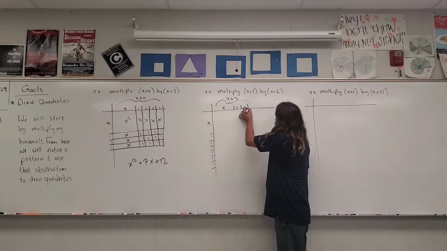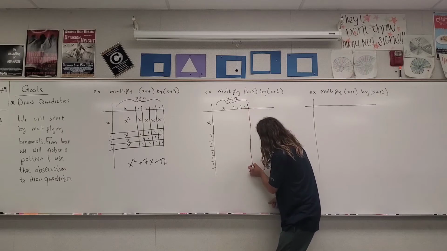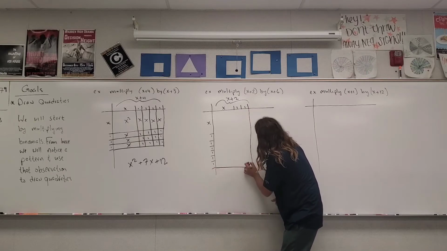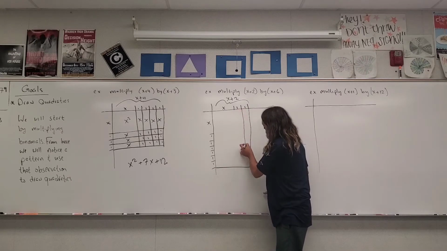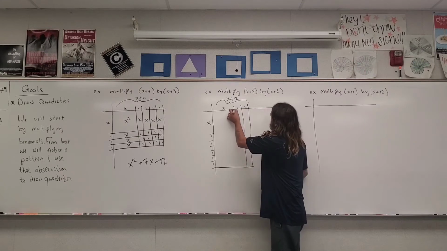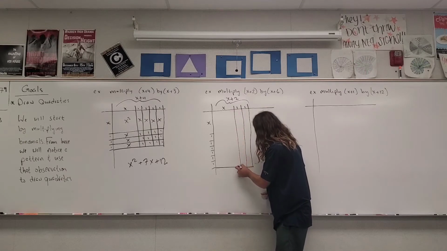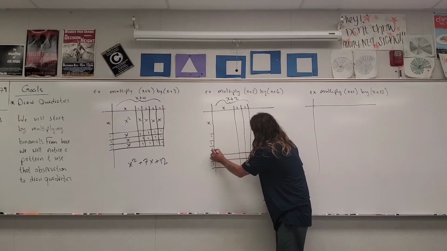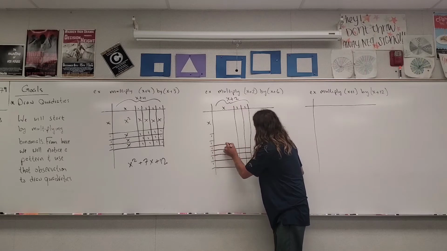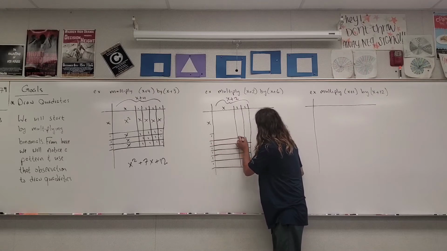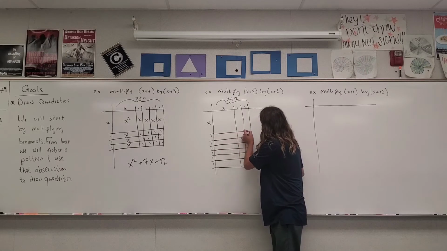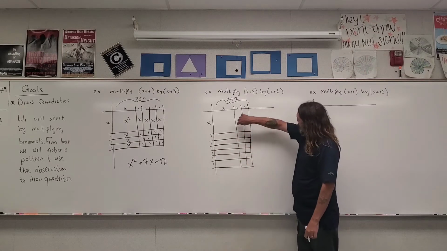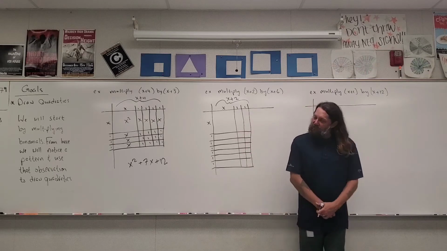And again, we just extend. Extend and count. And hopefully you're recognizing that the large squares are the x squareds, the rectangles are the x's, and the small squares are the 1s.